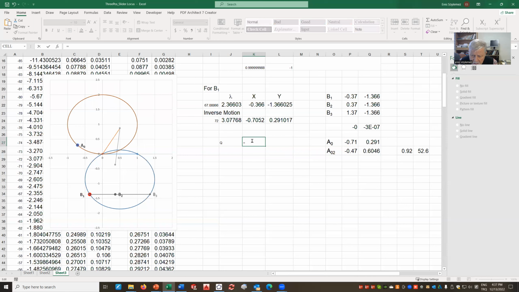Q point will be on that line, A0 plus, minus 2 times cosine of this angle. Sine of this angle.